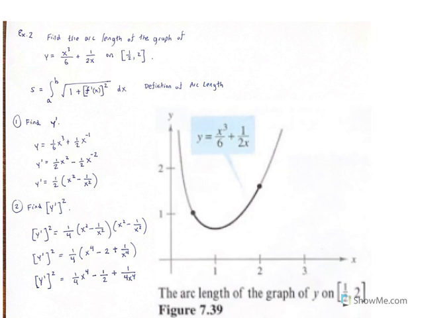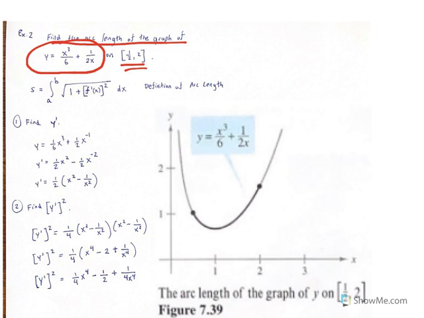So here we have example 2, and the instructions are: find the arc length of the graph of y is equal to x cubed over 6 plus 1 over 2x on the interval from x is equal to 1/2 to x is equal to 2.